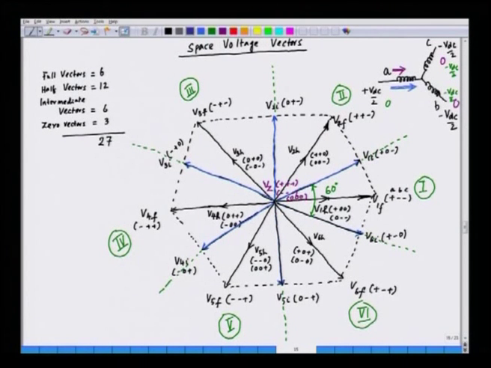The flux vector can lie in any one of the 6 sectors, and that can be found out by calculating theta s. So, theta s will help us know the position of the stator flux vector, and hence we can find out which vector can be applied so that we control the flux and the torque respectively.